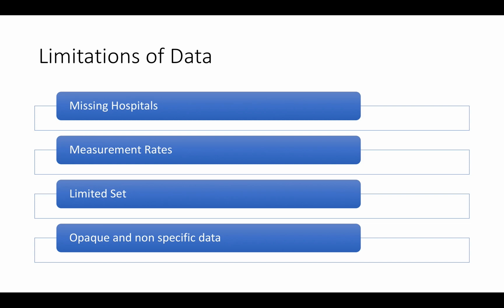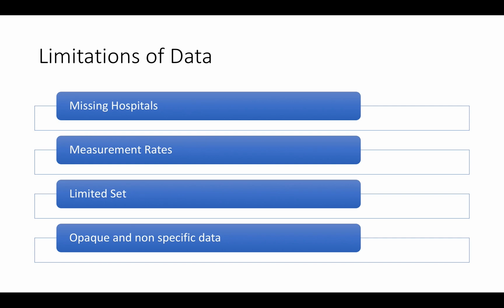The observation set that we're using is limited, and so we're looking at 5 measures of quality indicators rather than the full set of complex factors that does go into assessing whether a hospital is producing the same quality of care as its competitors. And then the data from the Medicare.gov data sets is pretty opaque and not specific.